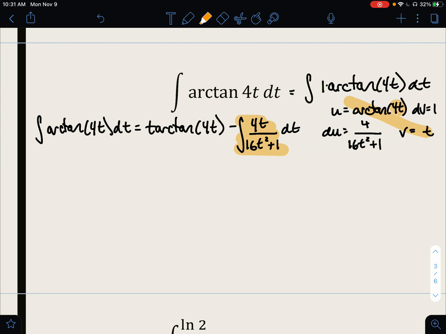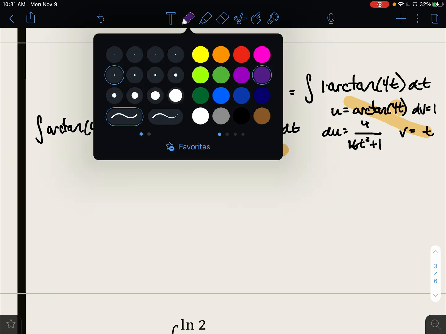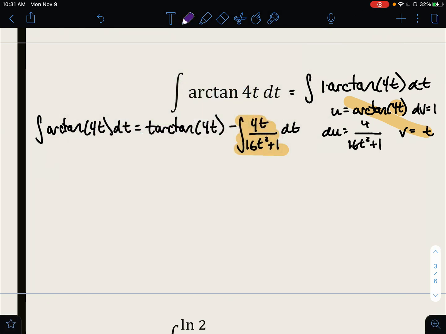And now it doesn't look like we've made much progress here because we have this ugly integral to evaluate, but actually we can do this using a fairly simple integration by substitution. So instead of using a u, because we've already used a u somewhere, I'm going to use an m. And I'm going to say m equals 16t squared plus 1. If I do that, dm becomes 32t dt.